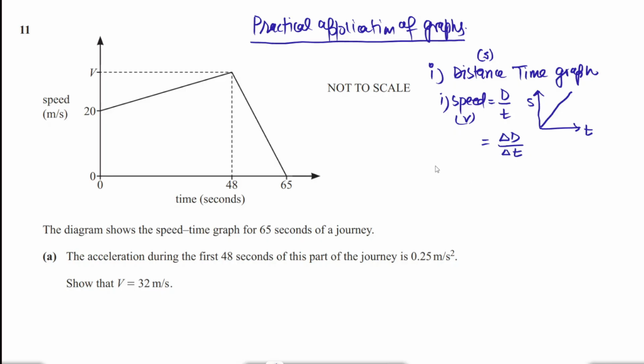The second thing, if we have a speed time graph, change in distance, change in time means we are talking about change in distance, that is y2 minus y1, and change in time, that is x2 minus x1. Logically, we are trying to find the slope of the distance time graph to get us speed.